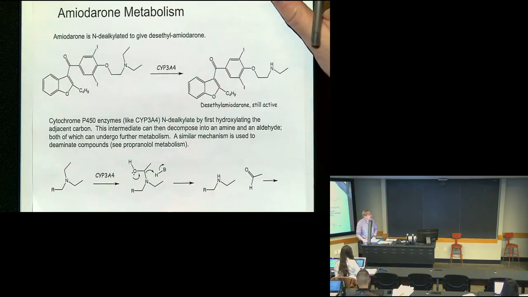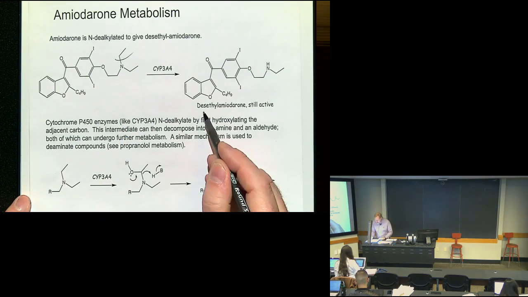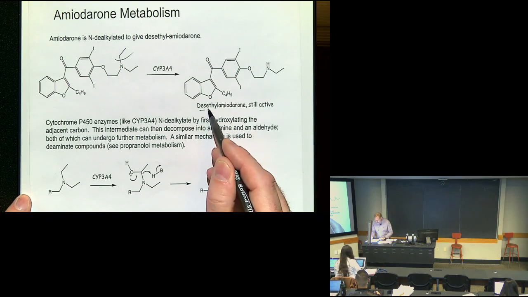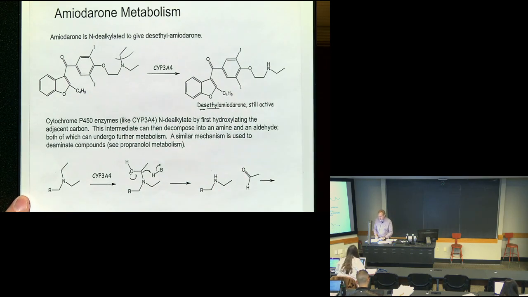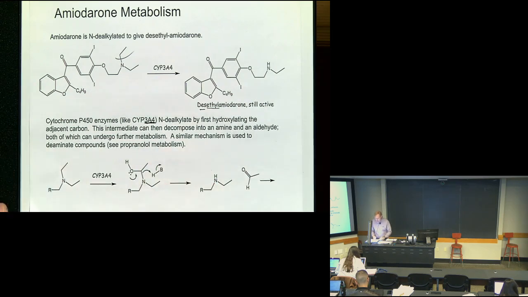Now this compound gets metabolized, kind of like we saw before. You can get N-dealkylation. You get desethyl amiodarone, and that metabolite is still active. Some P450s, like CYP3A4, can dealkylate, and the way is kind of like we studied back in MedChem.